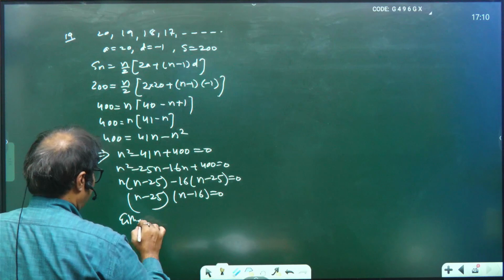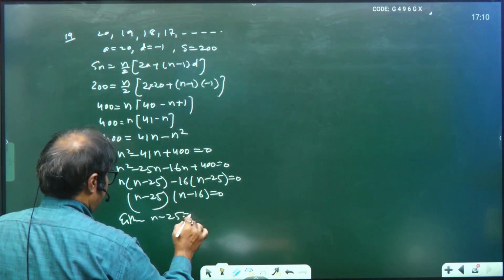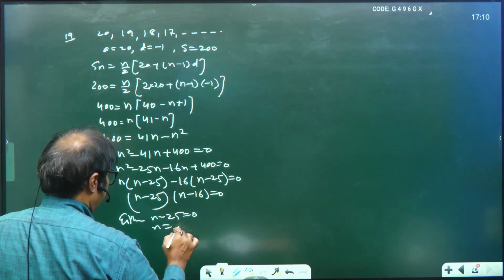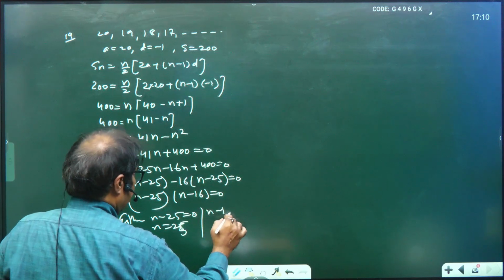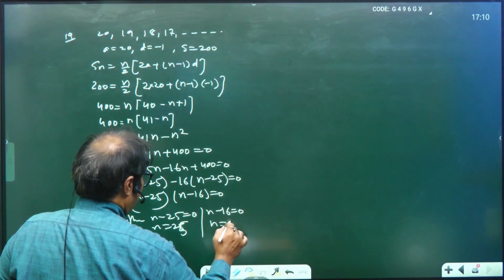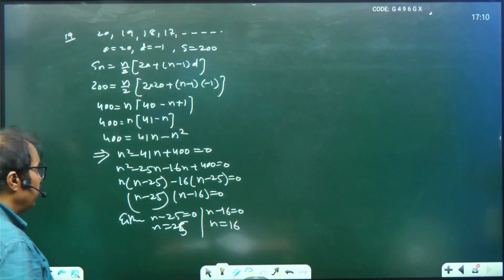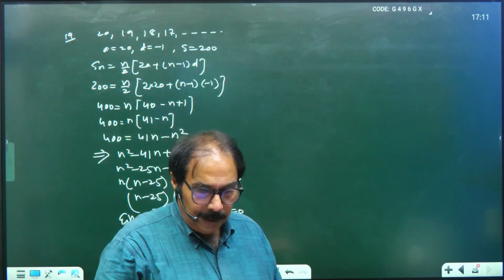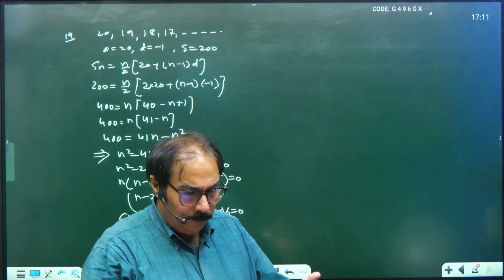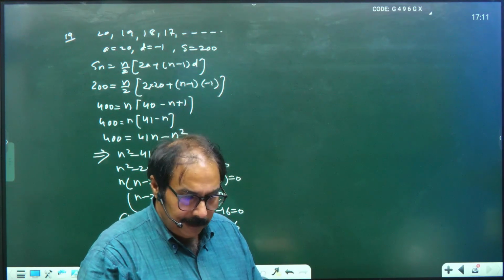So either n minus 25 is equal to 0, so n is equal to 25, okay, or n minus 16 is equal to 0, so n is equal to 16. So it means total number of rows are either 25 or 16. Now we will see which is the right one.